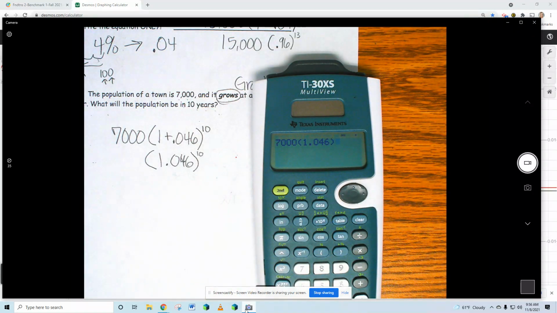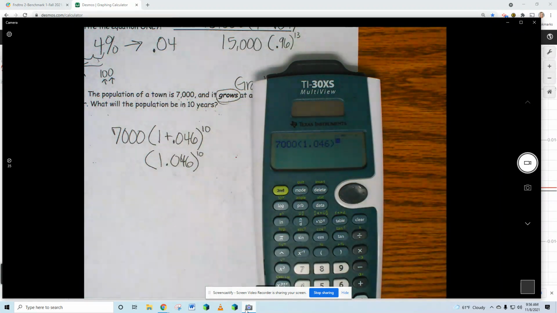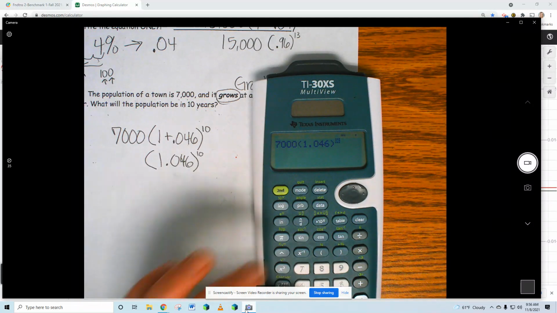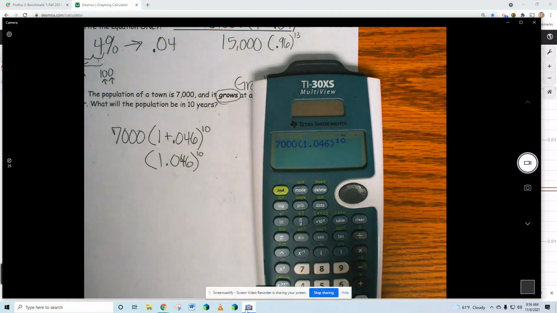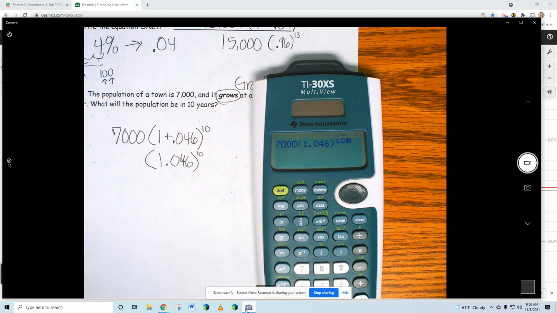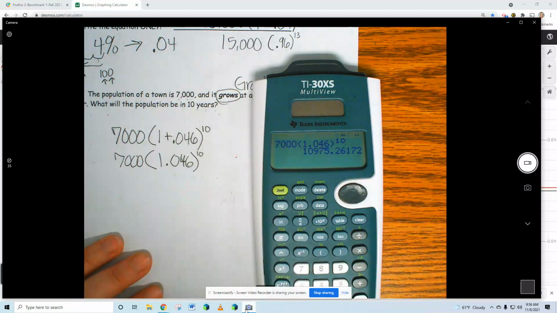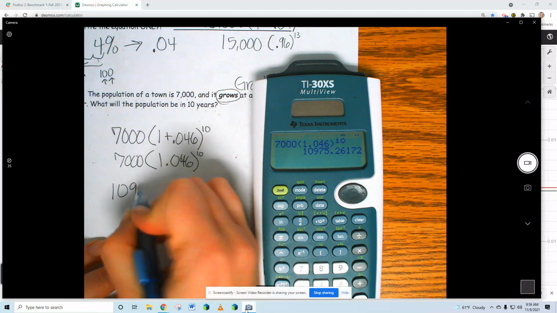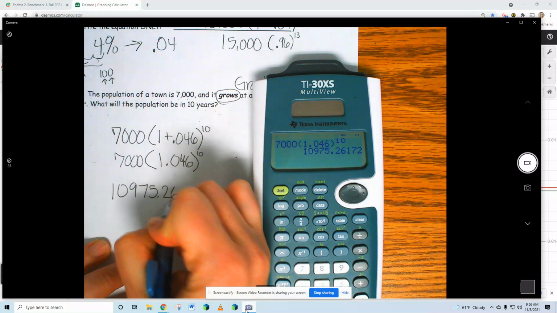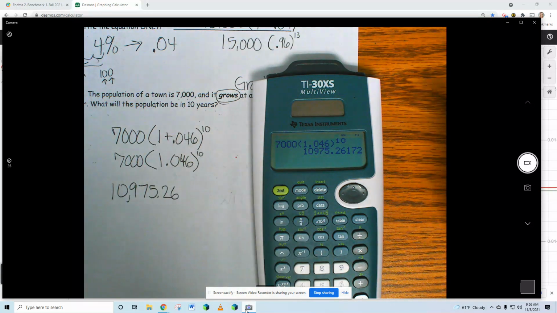It's the upside down V. Do you remember this? This is the exponent. This is how you do an exponent of 10. This symbol right here. So you're going to push on that button, and it's going to be to the 10. So this does everything for you. 10,975. And you know what, you guys?